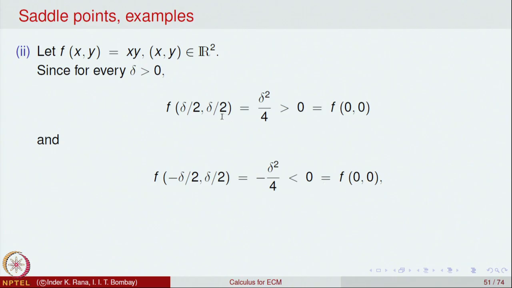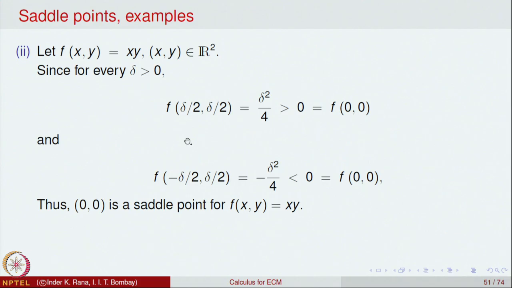So by choosing delta sufficiently close to 0, we see that we can find points in the domain close to the origin where the values are positive, and another point where the value is negative. This means (0,0) is also a saddle point for this function f(x,y) equal to x times y.